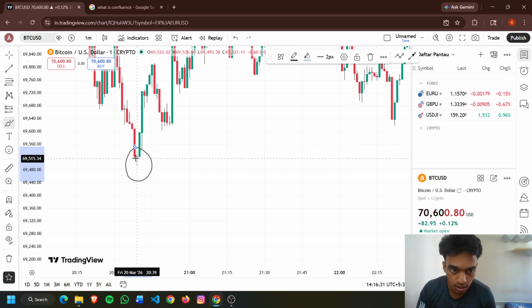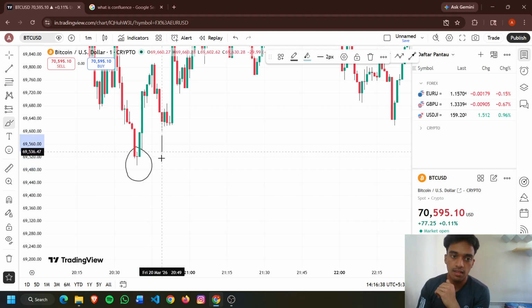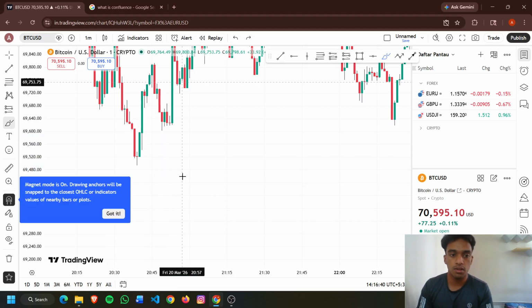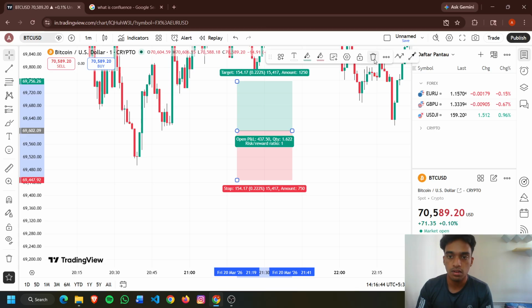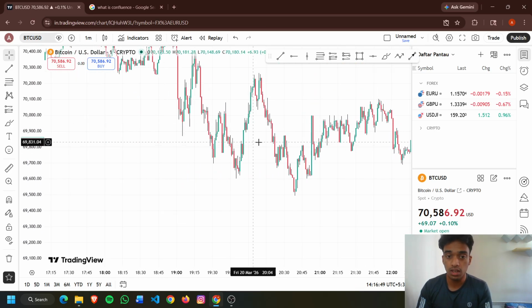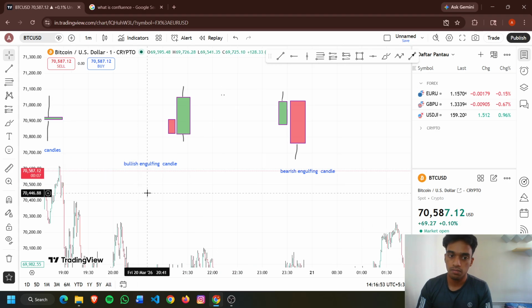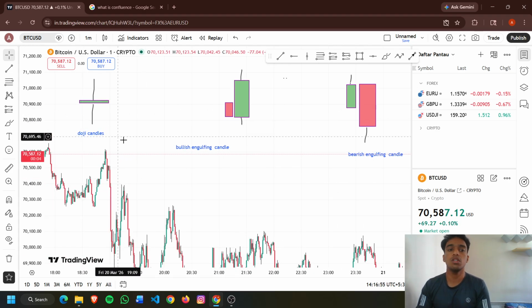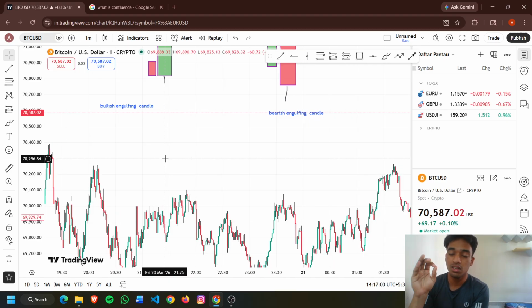Doji candle came, and then the next candle which closed above was a bullish candle, and the market started moving up. So these doji candles, I want you guys to note it down. Okay, just note it down. Doji candles are like a confluence which you can use when you're trading.